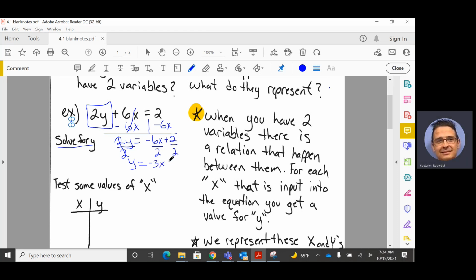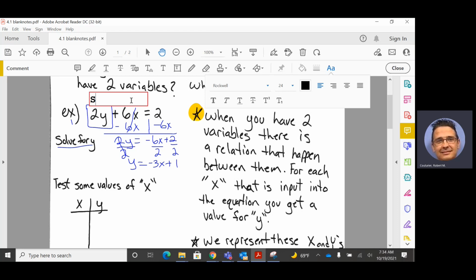And 2 divided by 2 is 1. And like that, we've taken an equation that was written in standard form. Again, this here is standard form.